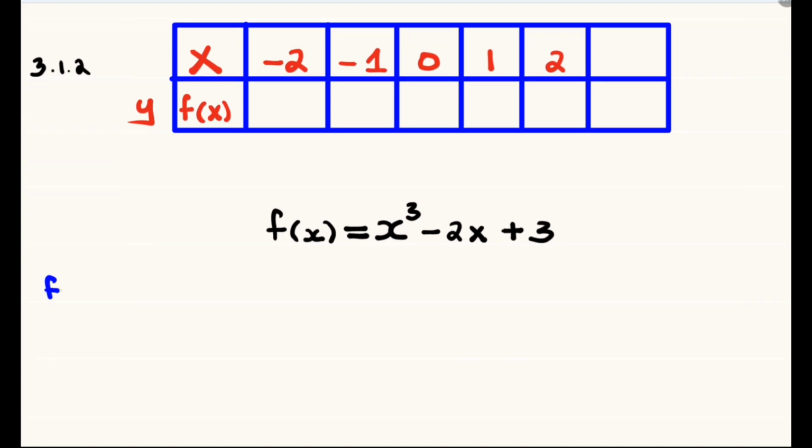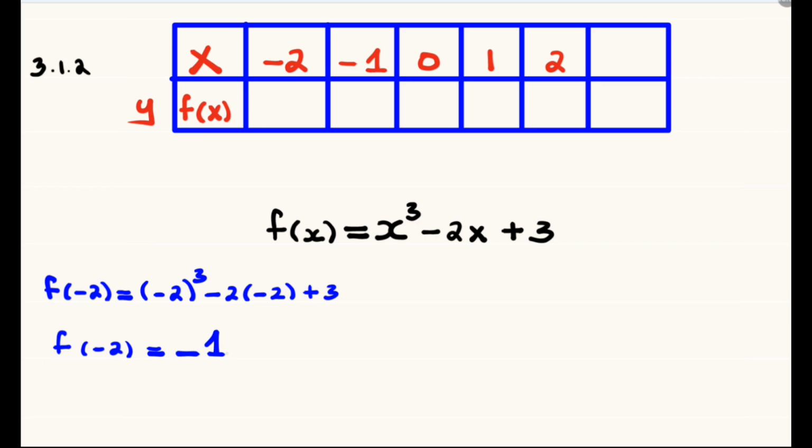So let's start by plugging -2 where there is x, and f of -2 will be equal to -2 raised to the power 3 minus 2 multiplied by -2 plus 3, which is -8 plus 2 plus 3, equal to -1. So when x is equal to -2, y is equal to -1.